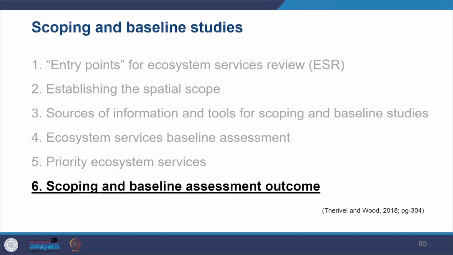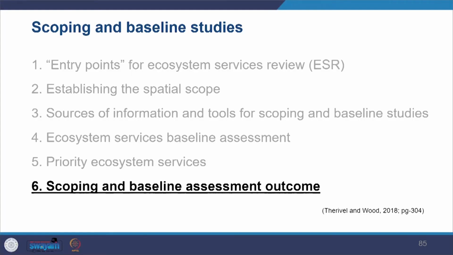So, during impact prediction and evaluation, once you do these linkages, changes in ecosystem services benefits resulting from the project related changes in ecosystem services supply and or use can then be estimated and compared against this baseline. So, once you link that through your baseline, then you would be able to compare the two scenarios.